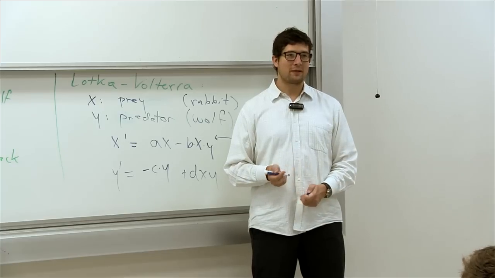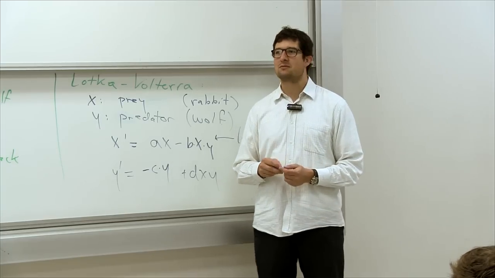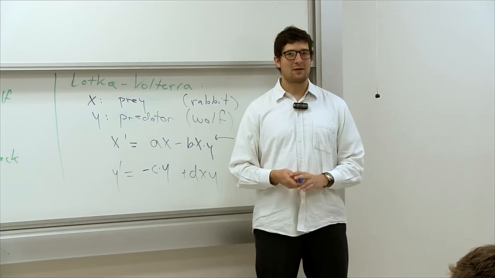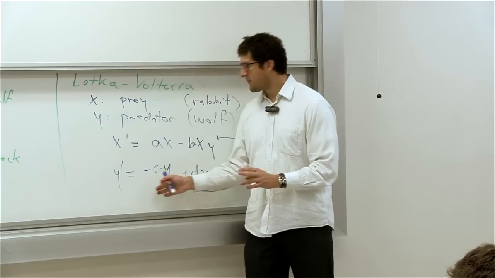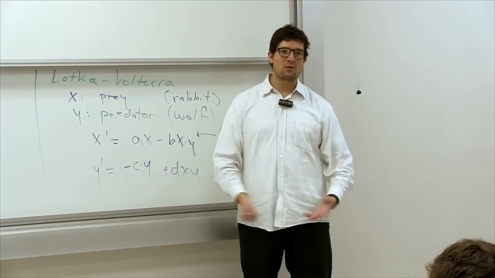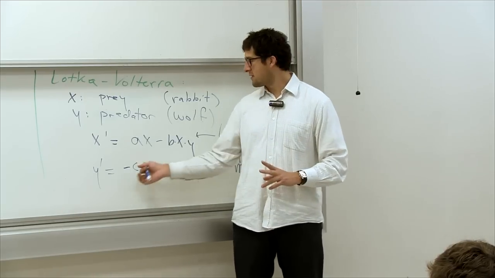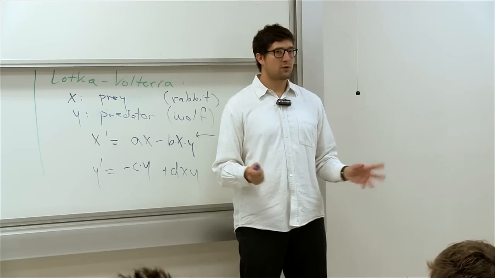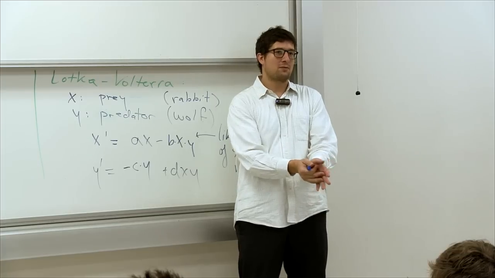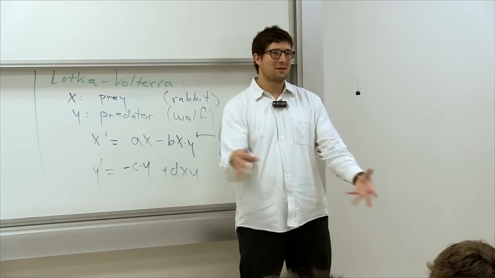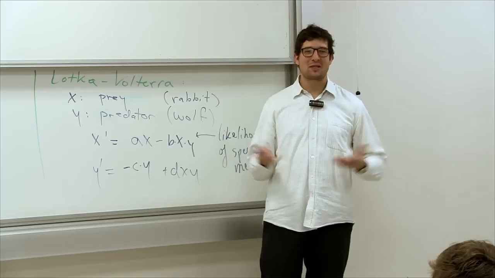That's not very realistic, okay? The wolves don't just die exponentially if there's no rabbits. But unless you want to take into account things like the age of the wolves and whatnot, which would make the model much more complicated, this is basically the simplest thing you can assume. There's some kind of half-life for the wolves. It's like they're radioactive material and they start diminishing, right? It doesn't really make sense, but there you go.